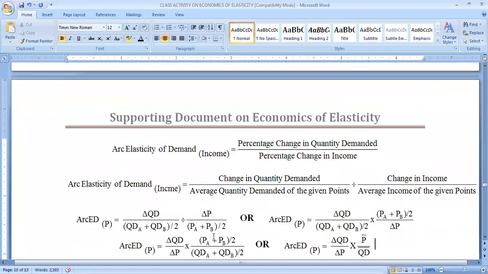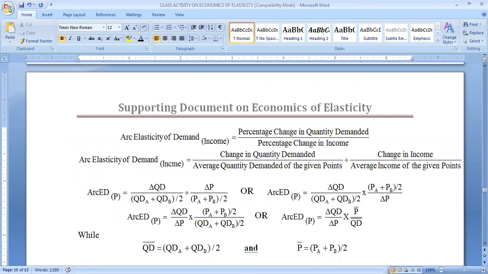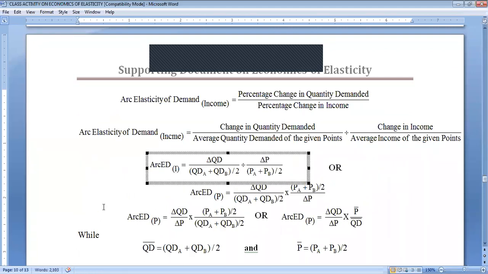And right after this, the arc elasticity of demand with respect to income can be written as delta QD over QD at point A plus QD at point B, the sum divided by 2.